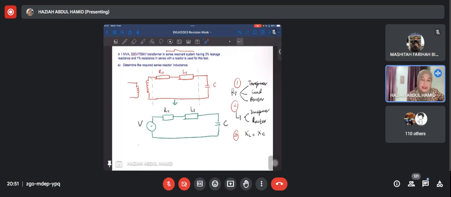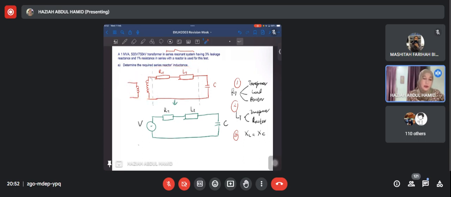So we have to check, for the resonant condition where XL equals XC, the XL must include everything, all L components in the circuit. Not only the reactor part or the transformer part only, but everything must be considered.